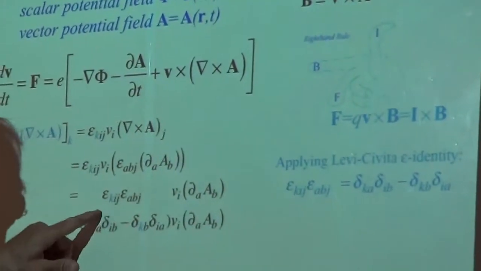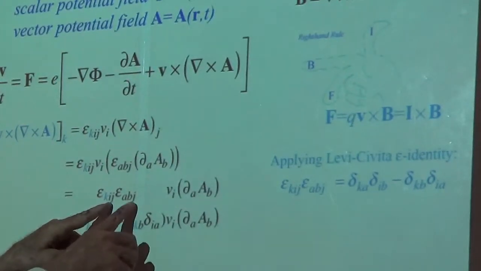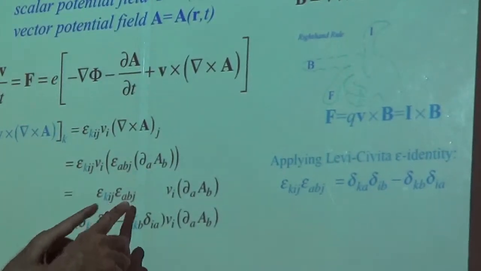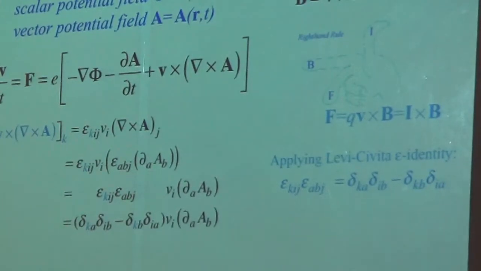So I'm taking the case where I'm summing over j, and these are the 4 indices that I can play with. These are the 4 indices showing right here.